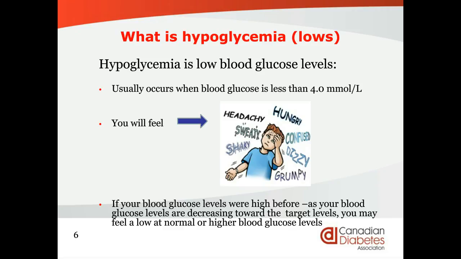The reason is your blood sugars have been high, and now as they are slowly coming down, the body is telling you that something is wrong because your blood sugars have been high for so long. What is important to note is that you can treat it with just one glucose tab or a little juice, and after 1 or 2 days, that will change as your blood glucose goes towards normal.